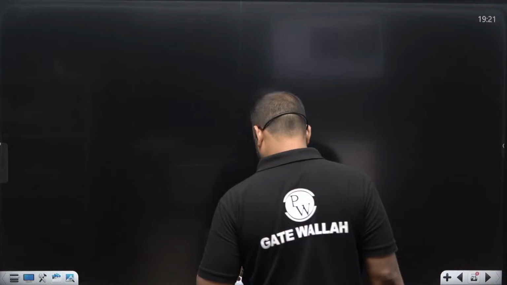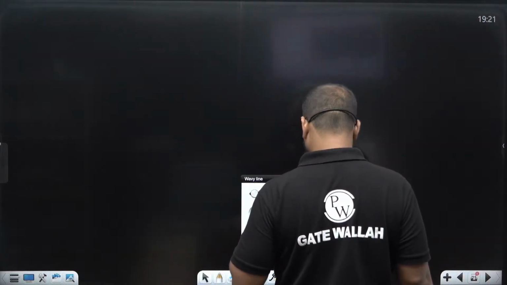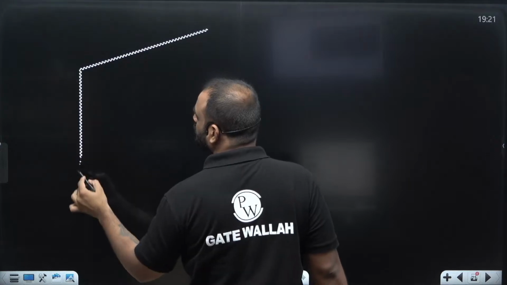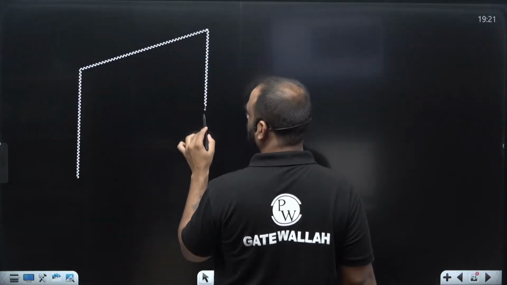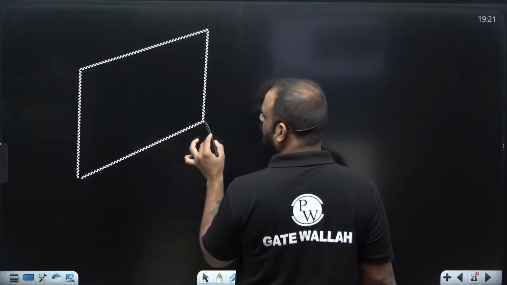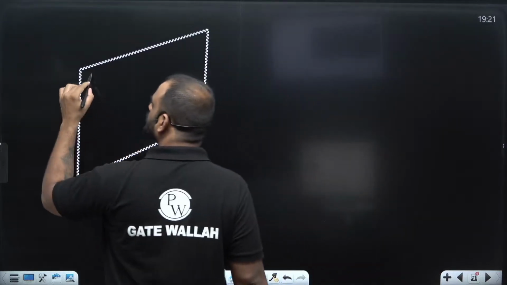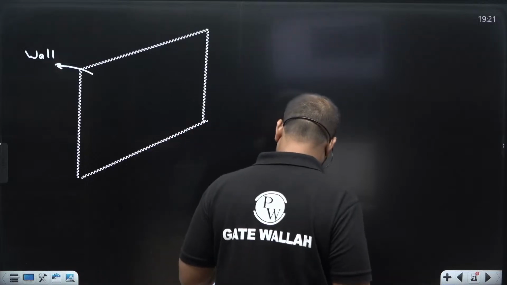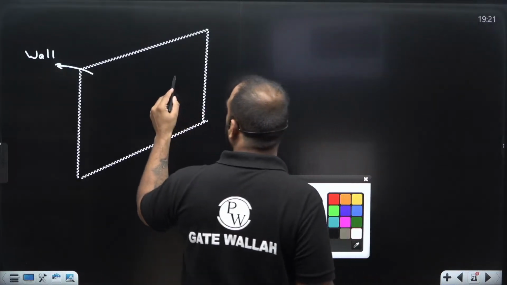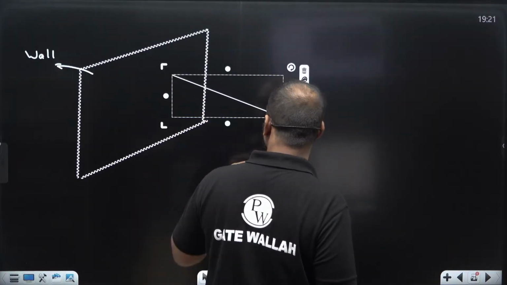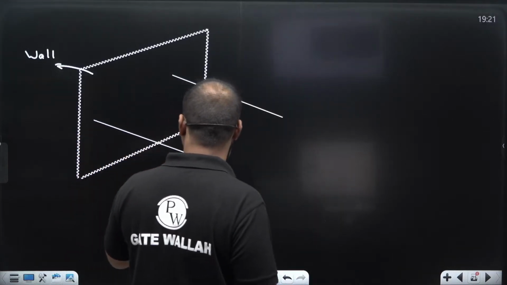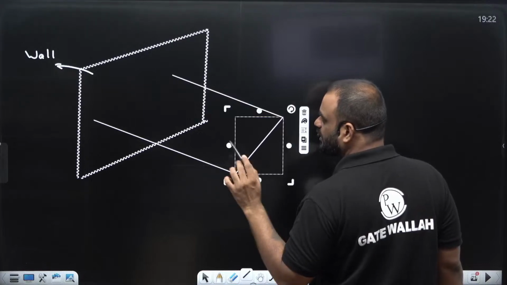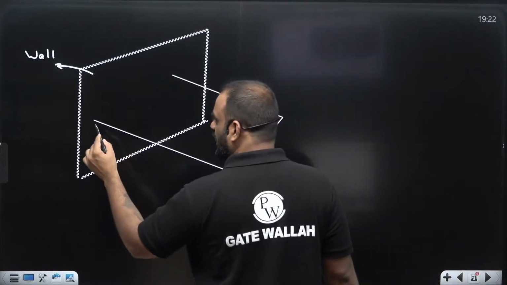Listen, let us suppose this is a wall, and through this particular wall we have two beams coming out like this. This particular question was already asked in your GATE examination, guys.